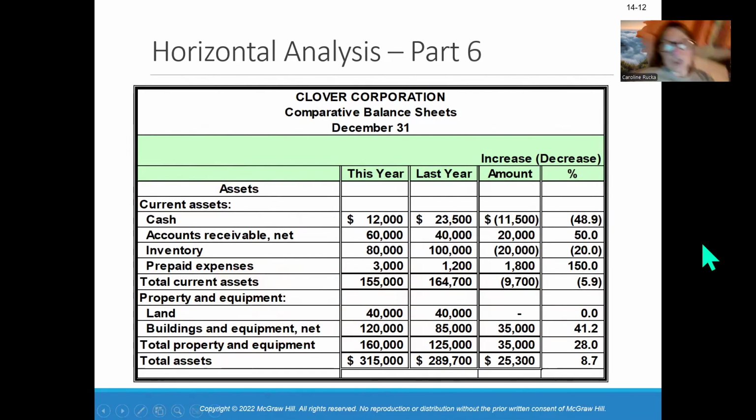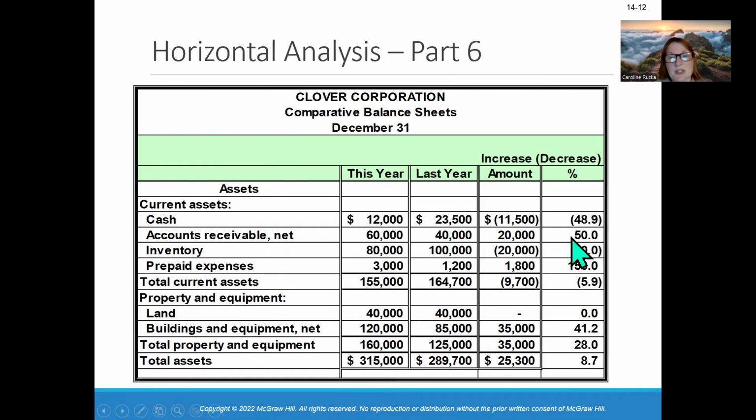Okay, so if you were an auditor and you were going down this list, you would probably pull anything that's more than a 20% change, okay? So, we had 48, almost 49% less cash this year than last year, okay?